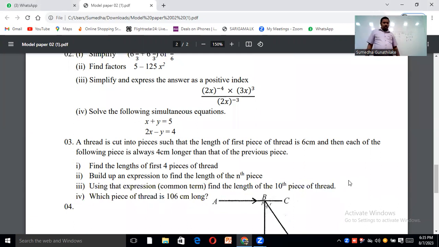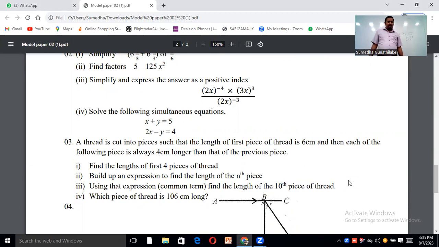Then we'll move to the third question. A thread is cut into pieces such that the length of the first piece of thread is 6 centimeters and length of the following piece is always 4 centimeters longer than the previous one.